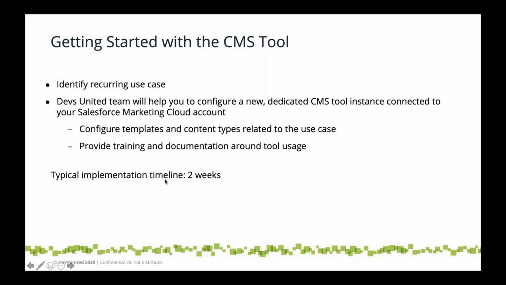After identifying that use case, our team will help you to configure a new dedicated CMS tool instance connected to your Marketing Cloud account. Also, we will configure the templates and content types related to the use case, and we will provide training and the documentation around the tool usage. The typical implementation timeline for this type of use case is 2 weeks.